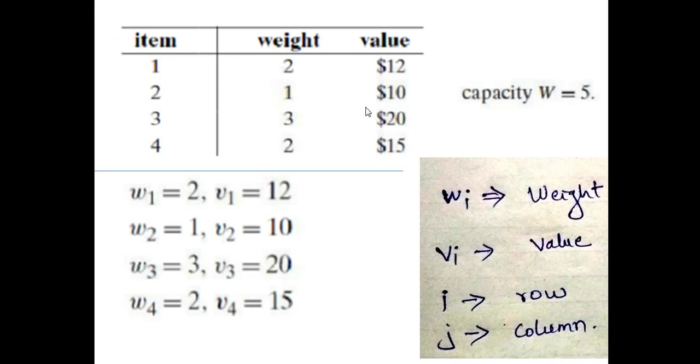These are all given values, so we write in our notebook: W1, W2, W3, W4 as 2, 1, 3, 2, and V1, V2, V3, V4 as 12, 10, 20, 15. So in our example we are using these terminologies: Wi is the weight, Vi is the value, i is the row, and j is the column.